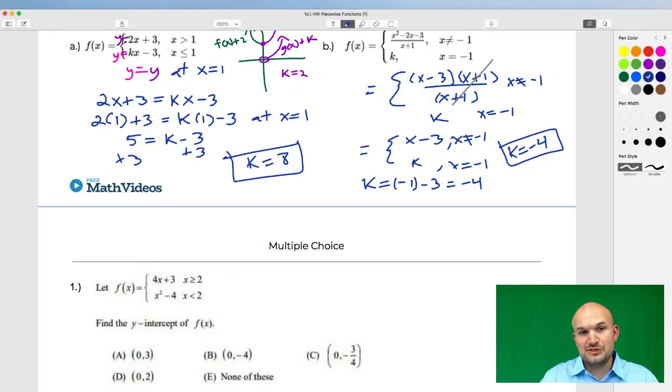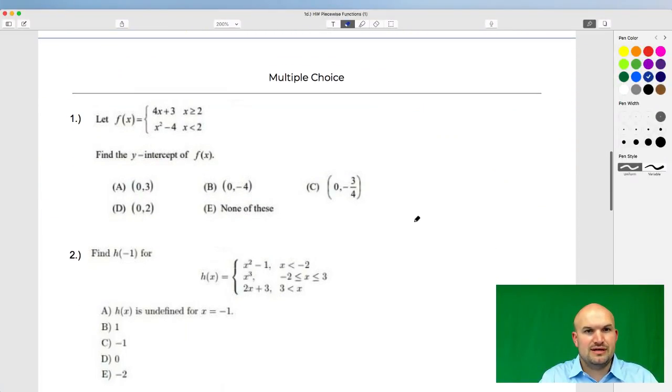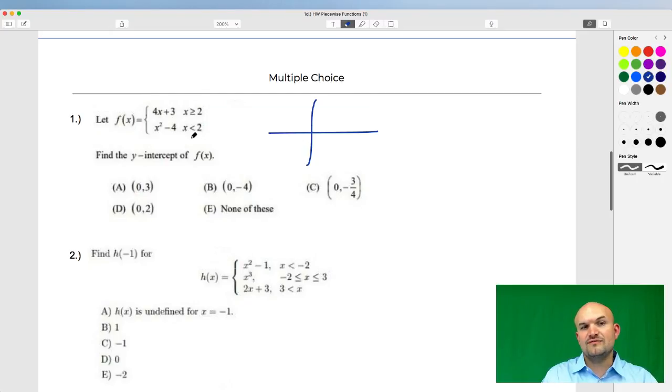All right, guys. Well, thanks for joining. I'm going to just finish off these multiple choice questions now, so I can wrap up and head home. This one is saying find the y-intercept of f of x. So we have two equations, right? And we've got to think here. The functions are separated at 2, right? This function is for all values that are greater than 2, and this function is for values that are less than 2. Well, I don't really care to find anything that's greater than 2, so I'm not going to be worried about that one.